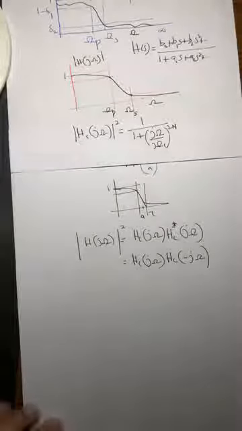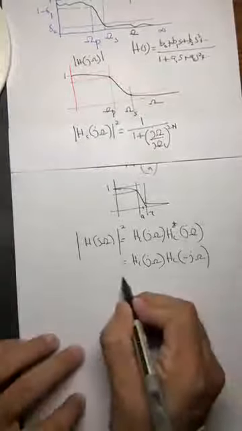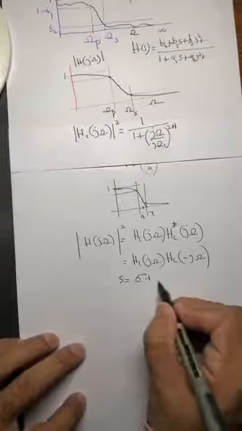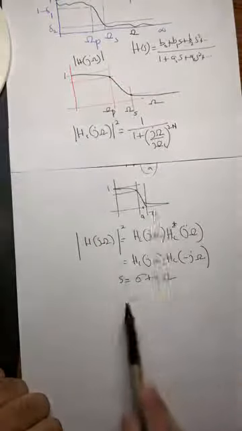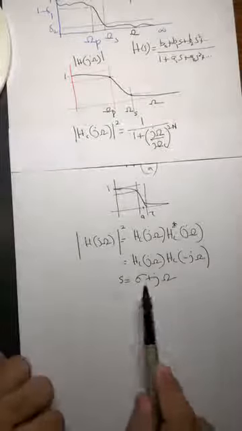Okay. Then he said, oh, I also know that s is equal to sigma plus j omega. Now from H of j omega squared, he wants to figure out H of s. Okay, so these are the steps.